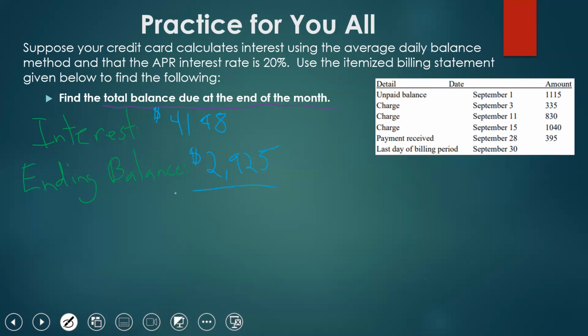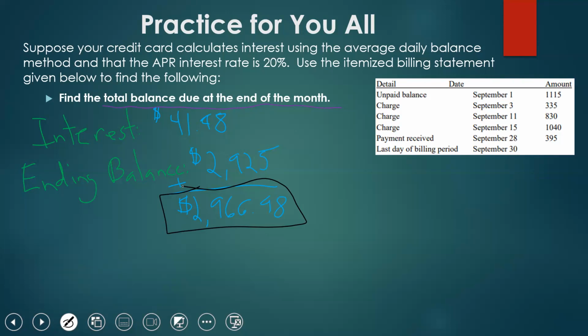And to find the total that we still owe, we'll take that ending balance, add on the interest, and we find that what we owe on our statement that needs to be paid back is $2,966.98. Okay, and so when we get our next statement for the following month, that's what we'll be told we still need to pay back.